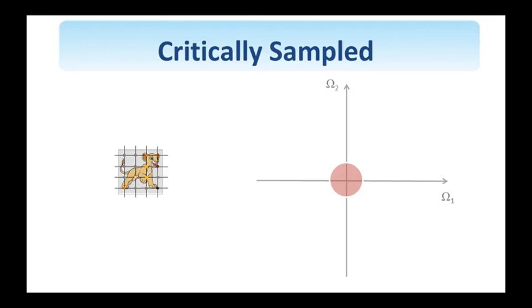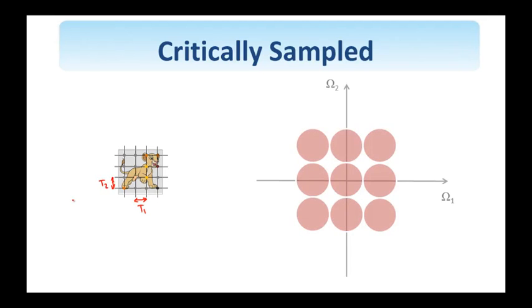We say that an analog image is critically sampled if I use the appropriate T1, T2 sampling periods, so that when I find now the Fourier transform of the discrete signal, which is formed by the periodic extension of the spectrum of the analog signal, the spectra here just touch next to each other without overlapping.